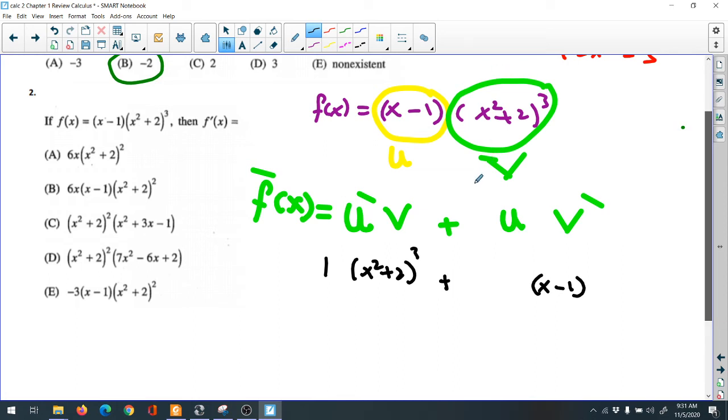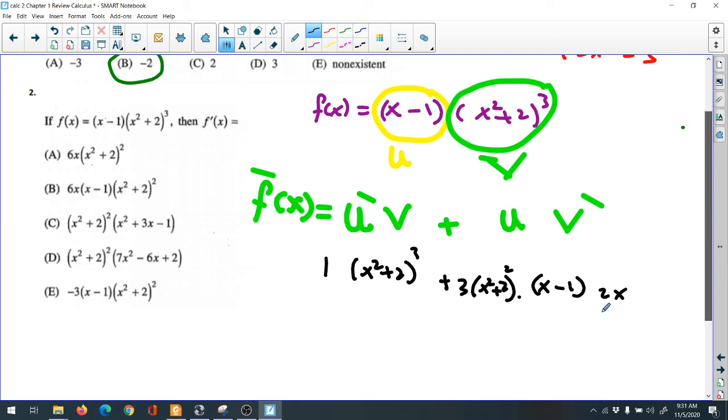Let's apply chain rule. X squared plus 2 to the third. Find the derivative of the whole thing first, which is you drop 3 times x squared plus 2, and subtract 3 minus 1 is 2, times, do the derivative inside. Derivative of x squared plus 2 is 2x.